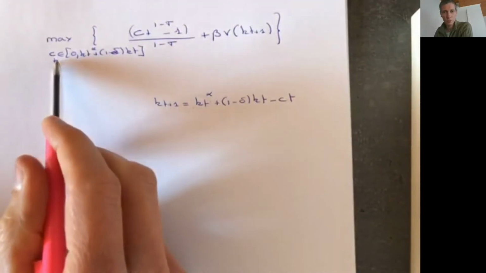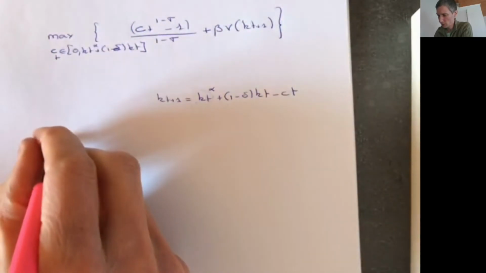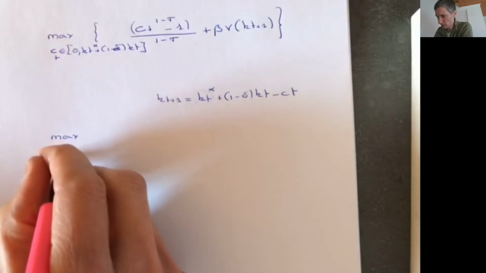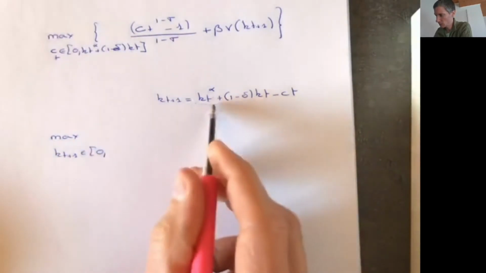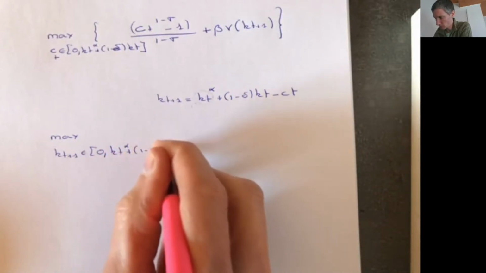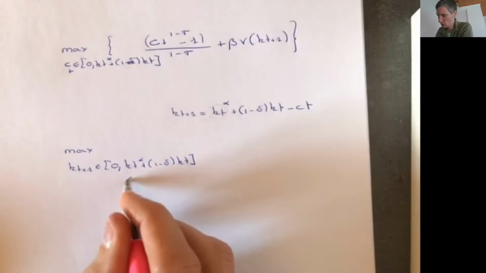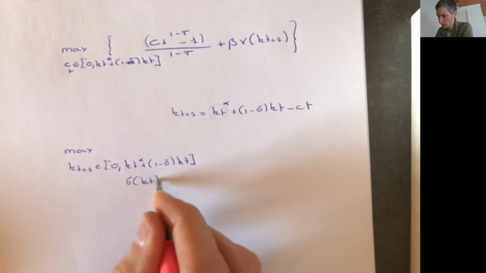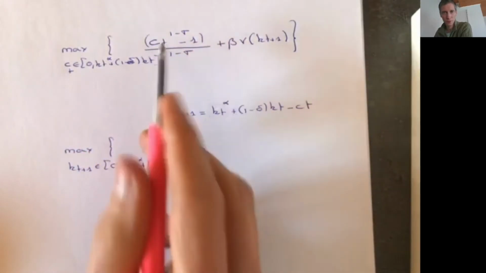So instead of writing k t plus 1, I could have just also substituted this in here. The first thing, I'm going to try to get rid of the c t variable here. So I'm going to maximize over k t plus 1, which is in 0 to k t to the alpha plus 1 minus delta k t. So this is going to be my g of k t, of the instantaneous utility function.